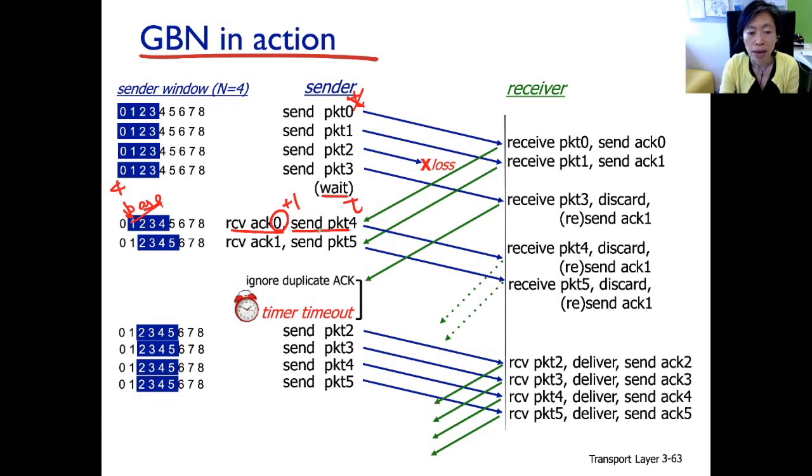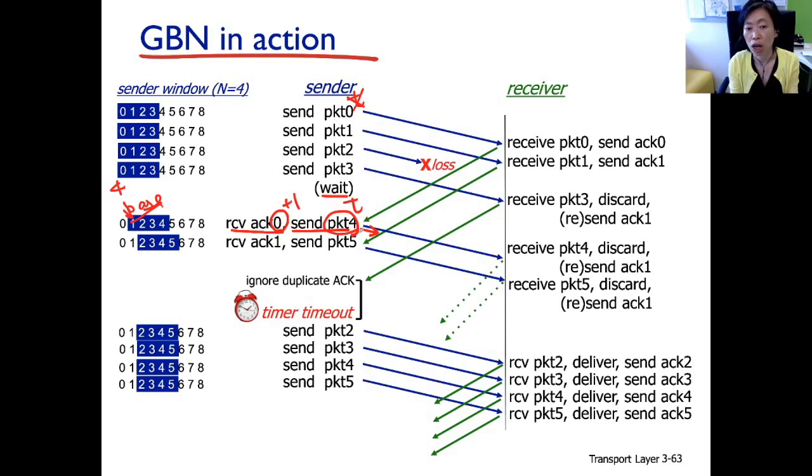And then the sender is trying to send data, so it gets a call from above. So we trigger the top transition. nextseqnum is 4, and is 4 less than base 1 plus window size 4, so 5? Yes, 4 is less than 5. We can generate packet 4 and send it out. Is base equal to nextseqnum?